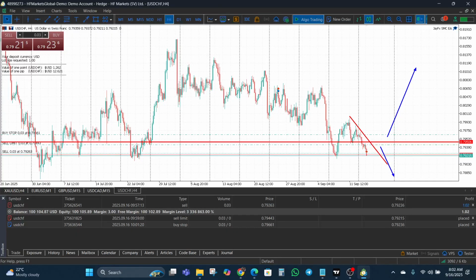If you are scalping and you need instant execution, market orders might make sense, right? But if you are patient and waiting for price to come to a key level, limit orders are your best tool, all right? And if you want to join momentum or protect yourself from risk, stop orders are essential.